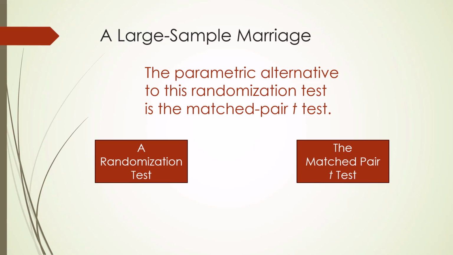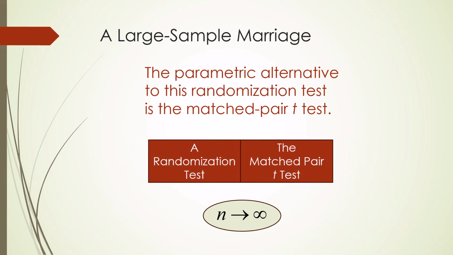Comparing this particular randomization test to the matched pair t-test, something interesting happens. As the number of our observations goes up, the p-statistic that we will calculate from the randomization test and the matched pair t-test converge, so that with large enough observations, they are going to give us the same p-value. Does this confirm the validity of the randomization test?